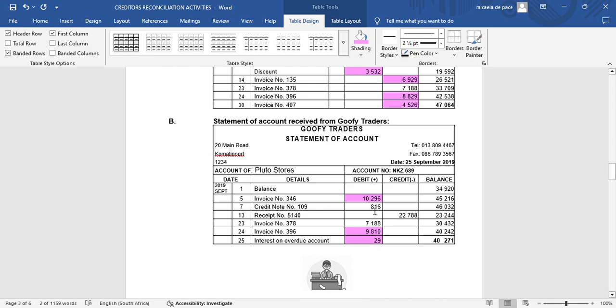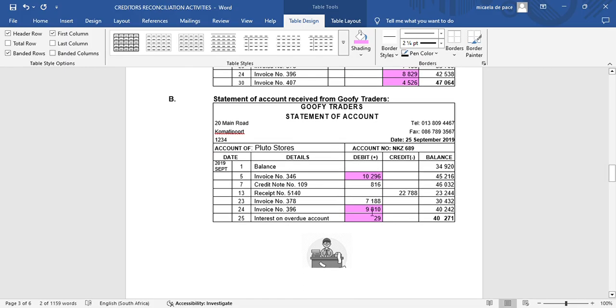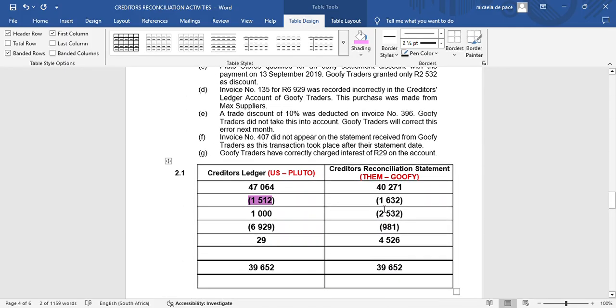So they've increased what we owe them, and yet we returned goods. Now, if they've added 816 instead of subtracting 816 from the account, to fix it you're going to have to double the amount and subtract it. That is why I've doubled 816 over here, and I've subtracted the amount.